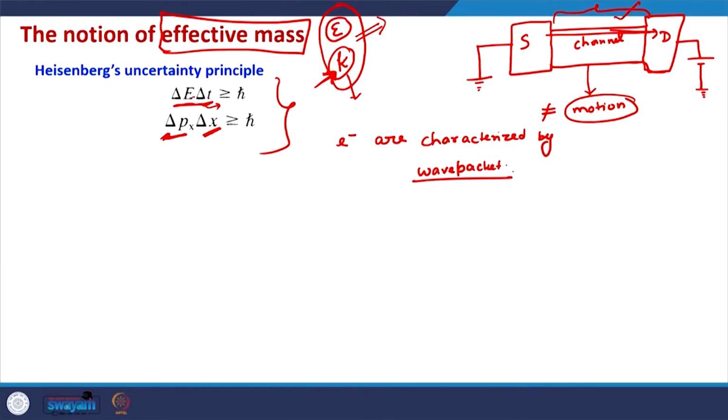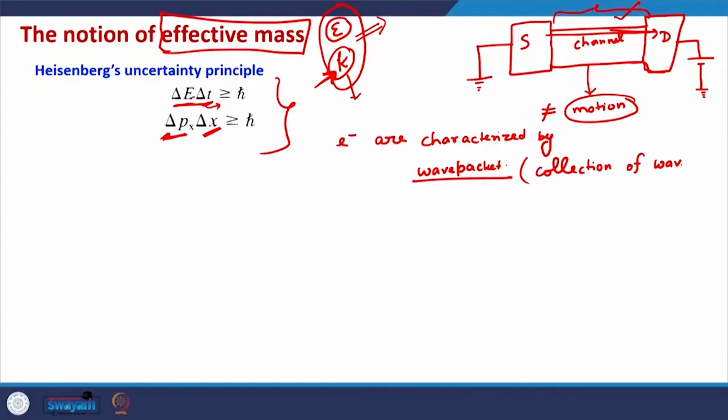This term appears in classical wave mechanics as well. So, in practical devices, when we have some clarity about the position of the electron, the electron will be defined by a collection of wave functions, or by a wave packet. A wave packet is essentially a collection of wave functions corresponding to different energy or k values.